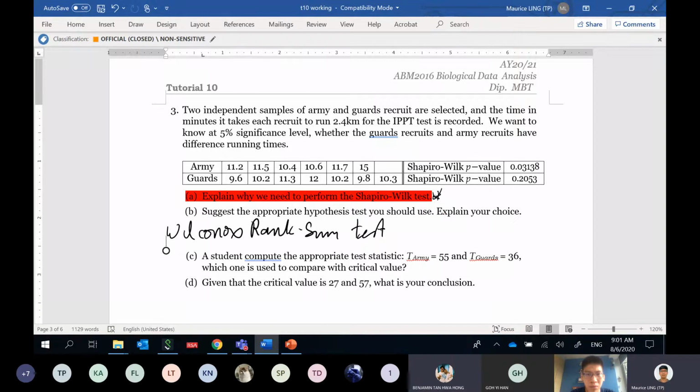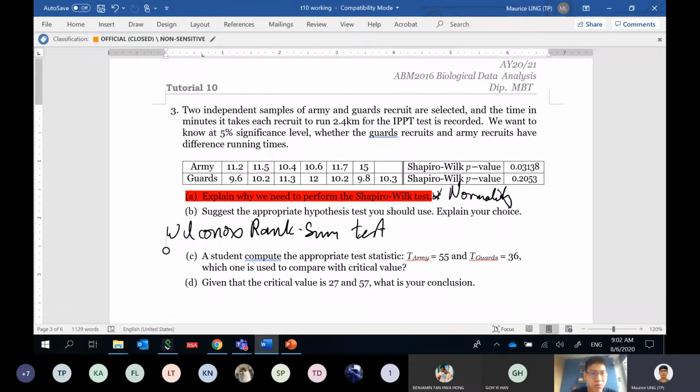Go and Google what the Shapiro-Wilk test is doing. Test for normality. Yeah, right. The Shapiro-Wilk test is actually a normality test. So it's to test whether the sample that you have is normally distributed or not.